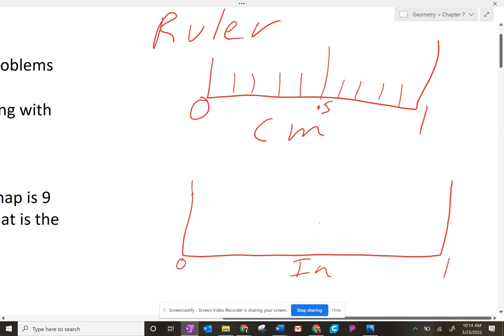Here's my 1 inch. In the middle, there is one that's a little bit bigger. Okay, in the center, and with the customary, the inches side, we're going to have to use fractions for pretty much everything. It's not going to be as easy to make decimals as the metric side is.